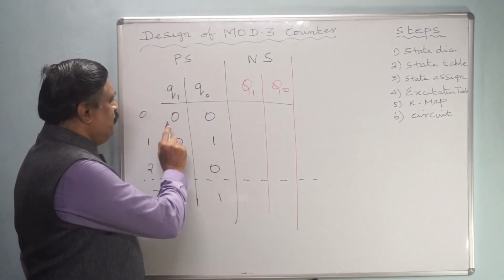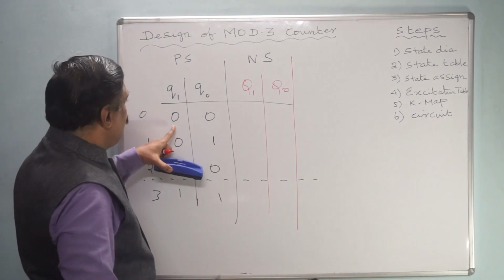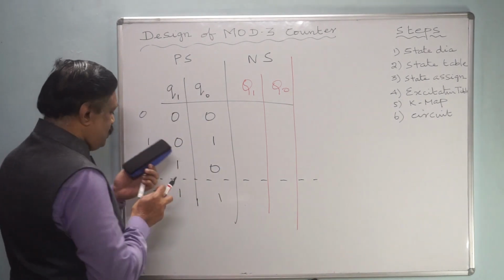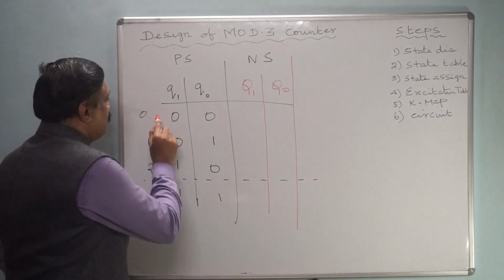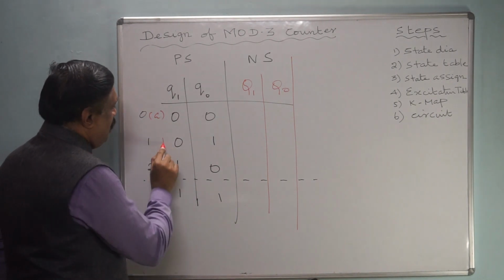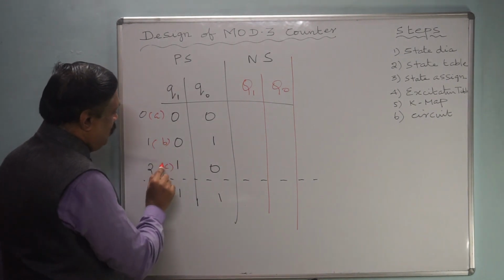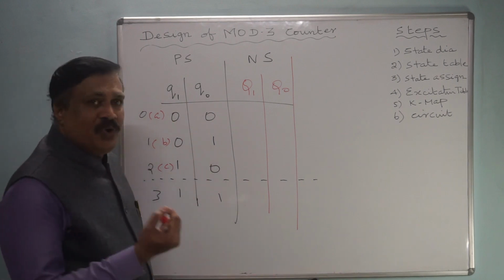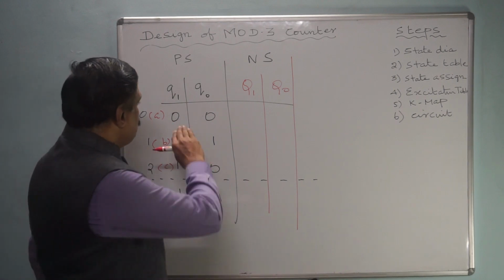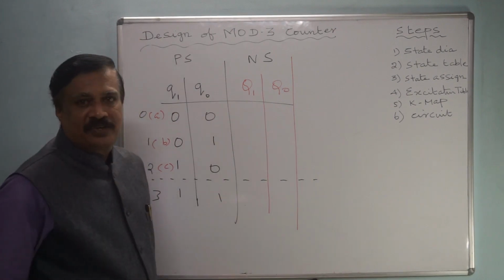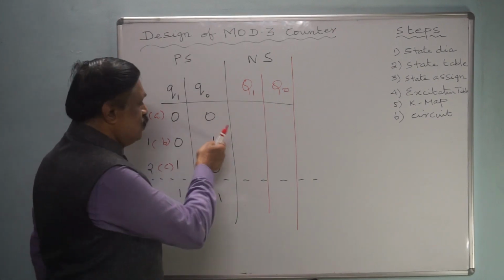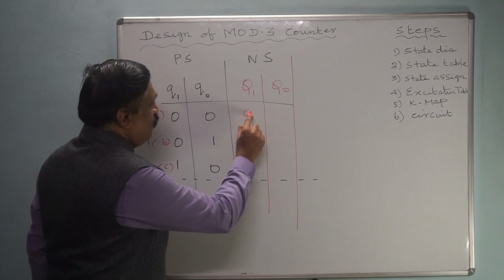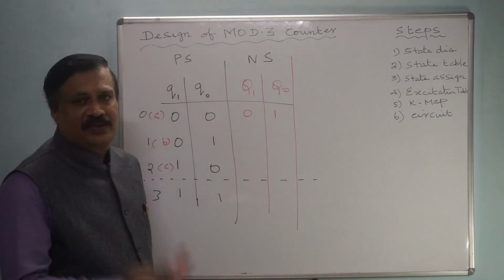Now, if you give a clock pulse, this is your first state. For example, this is your A state, this is B, and this is C. When you give 00 with a clock pulse, the present state changes to next state. That means A changes to B. Now 01 is the next state.